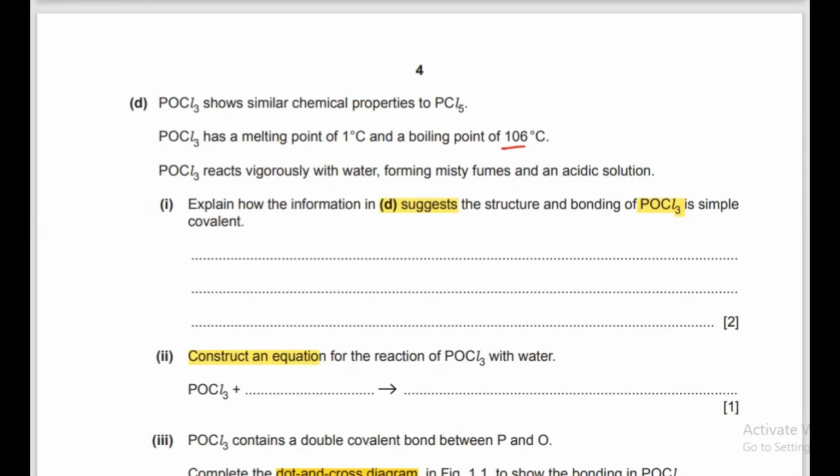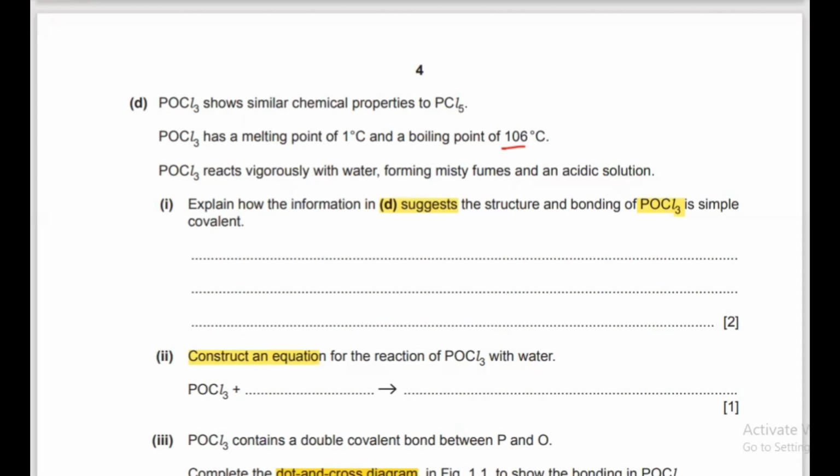Now, as we can see, POCl3 has a low melting and boiling point. Low melting and boiling points mean there must be weak intermolecular forces, or van der Waals forces, between the molecules of POCl3. And if it has a vigorous reaction with the water, it means that this is hydrolysis.